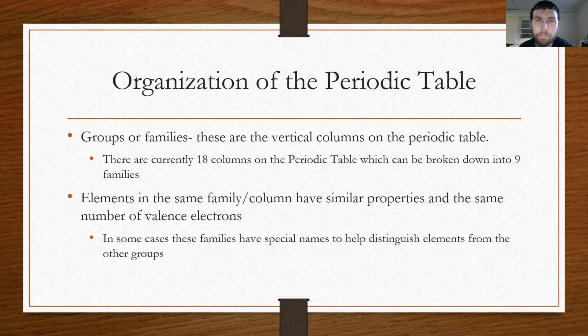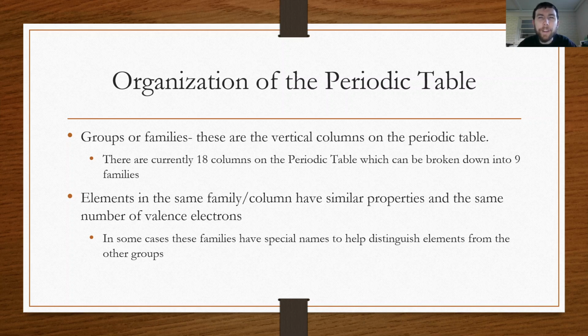Now, the big thing that a group or a family is going to tell us is that they have similar properties, whether chemical or physical, but also that elements in the same group or family, or in the same column, have the same number of valence electrons, okay?